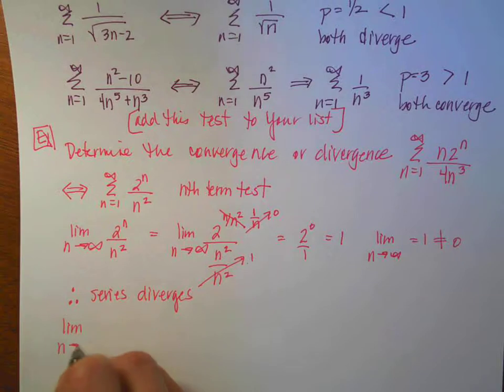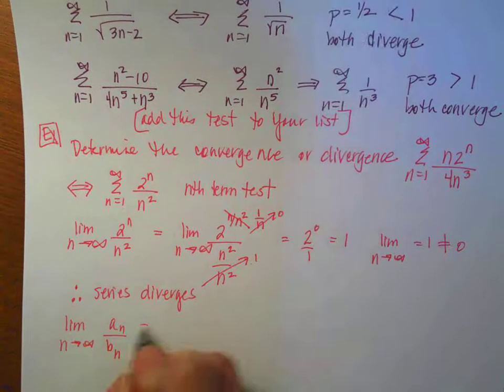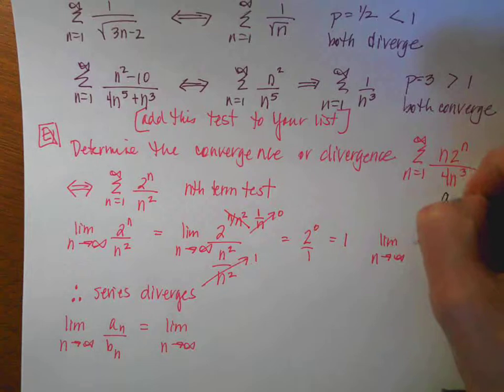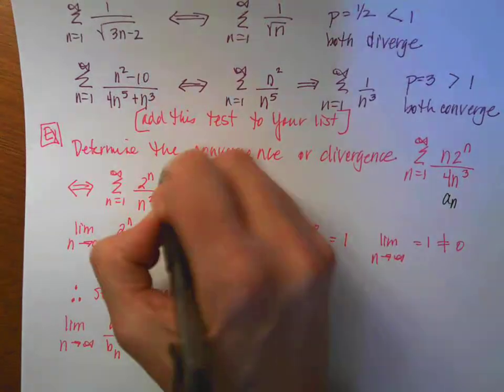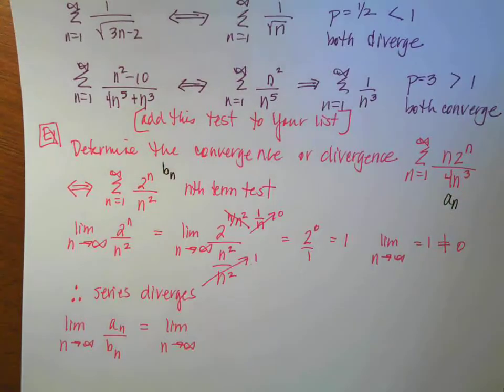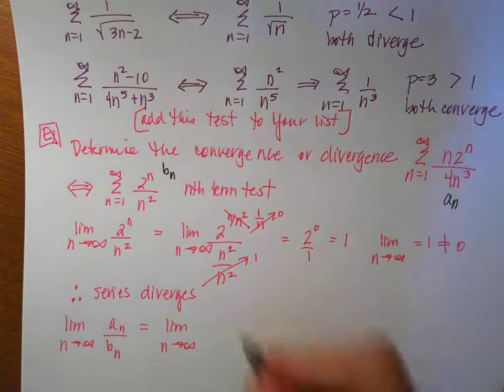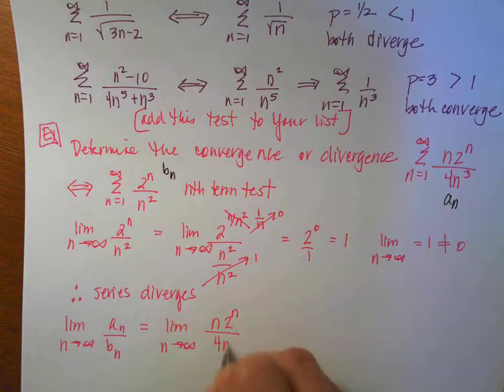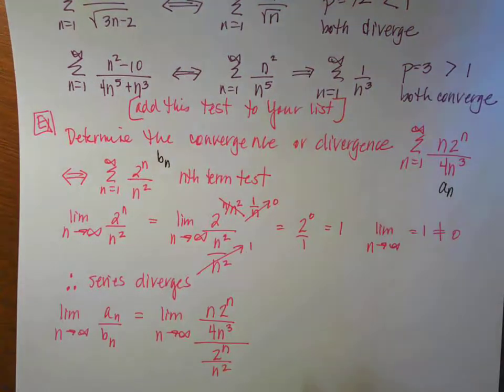Well, since it diverges, now I can do the limit as n approaches infinity of a sub n divided by b sub n. So now it's going to look really messy, but it cleans up pretty nice as n approaches infinity. So my a sub n is this guy. I'll use a different color. This is my a sub n, and then this is my b sub n instead of rewriting all of that stuff. So then this is going to be n times 2 to the n over 4n cubed divided by 2 to the n over n squared.